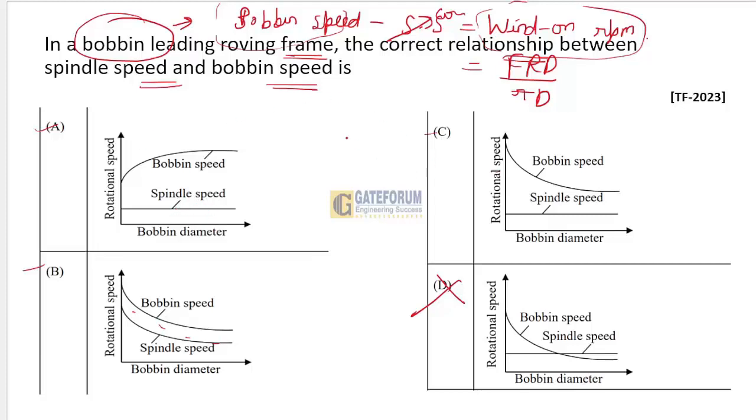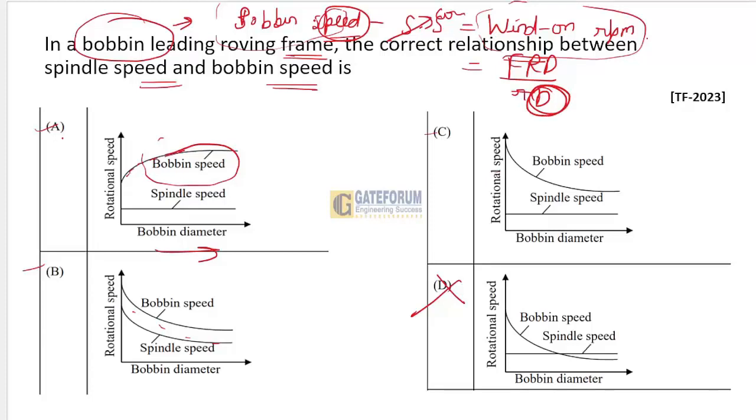If you look carefully at option A and option C, the bobbin speed is higher, but as the bobbin diameter increases, the bobbin speed decreases, because diameter is inversely proportional to speed.